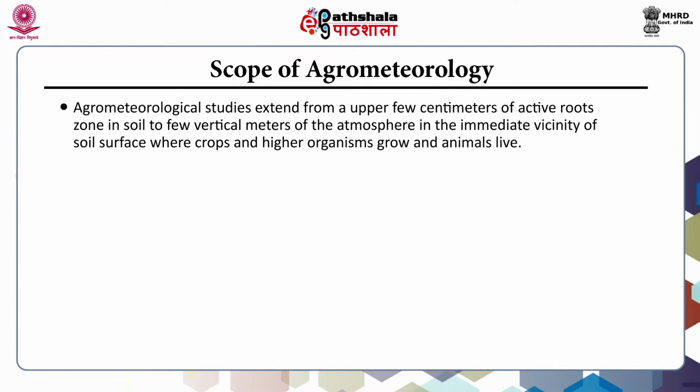Agrometeorological studies extend from the upper few centimeters of the active root zone in soil to a few vertical meters of the atmosphere in the immediate vicinity of the soil surface, where the crops and higher organisms grow and the animals live.